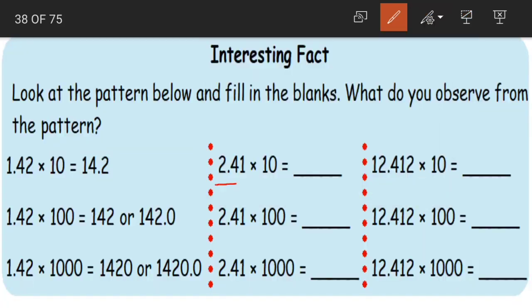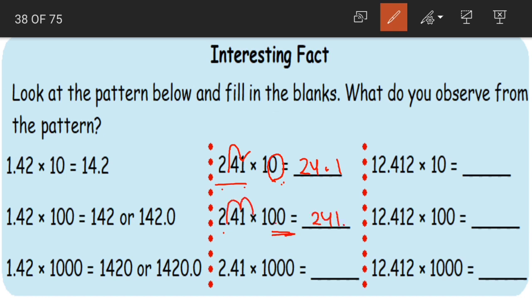Now, based on the same logic, here if you look at the numbers 2.41 into 10. 10 is having 1 0. So, the decimal point will move one place to the right. We'll have 24.1. Now next 2.41 into 100. Here we are having 2 zeros, so it moves 2 places to the right.